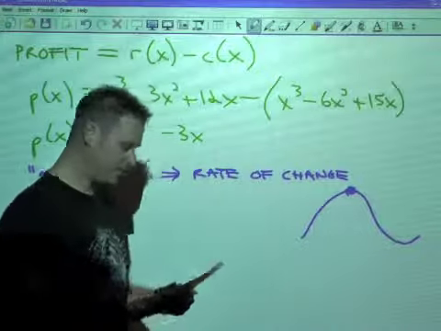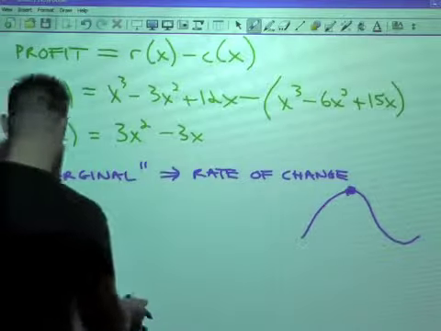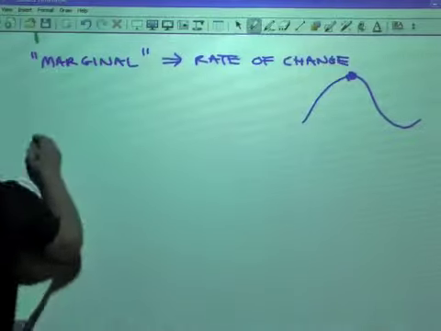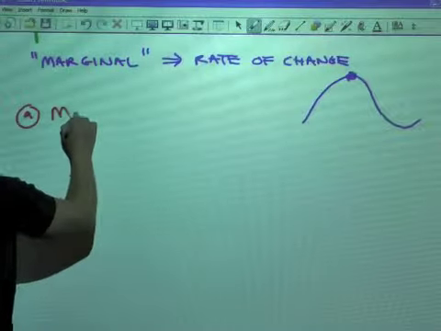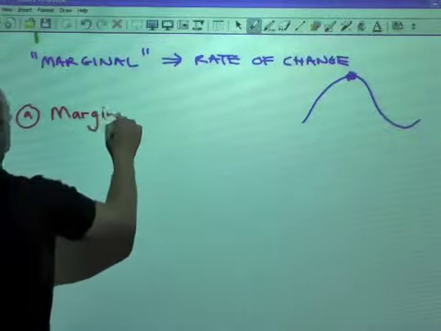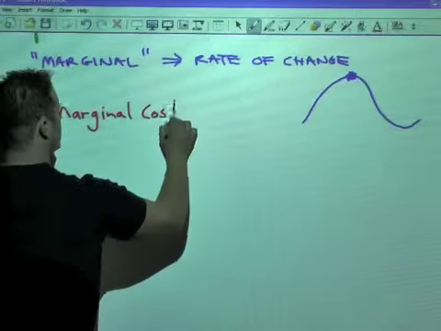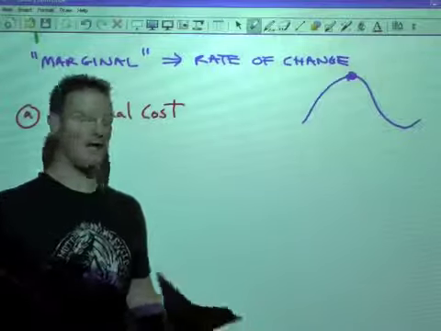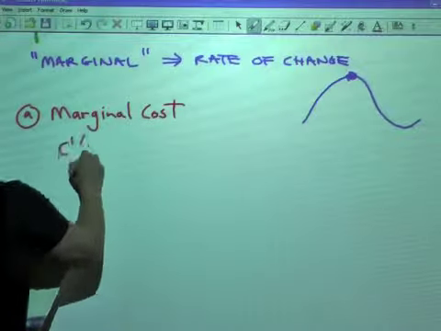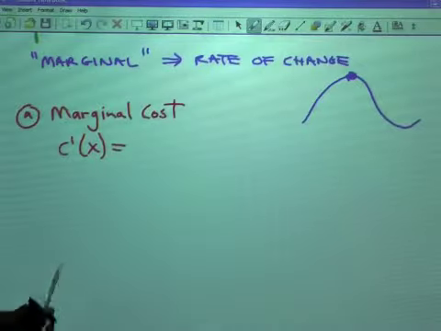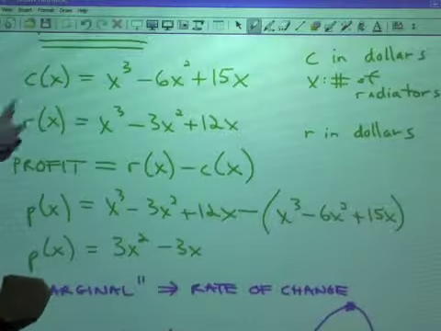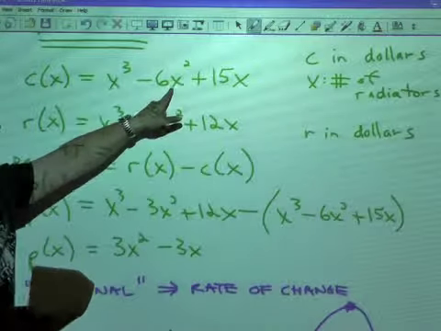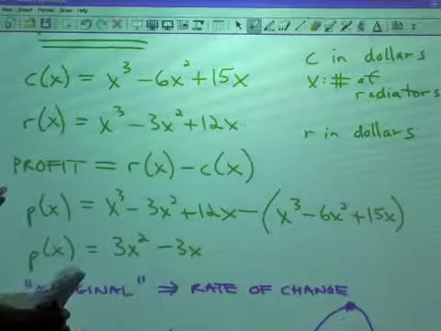So let's say in this particular case, we're asked to find a few values. Like, what's the marginal cost? Well, the marginal cost is just going to be the derivative of cost with respect to x. So marginal cost is just going to be c prime of x. And going back to our original cost function, the derivative of this is going to be 3x squared minus 12x plus 15.